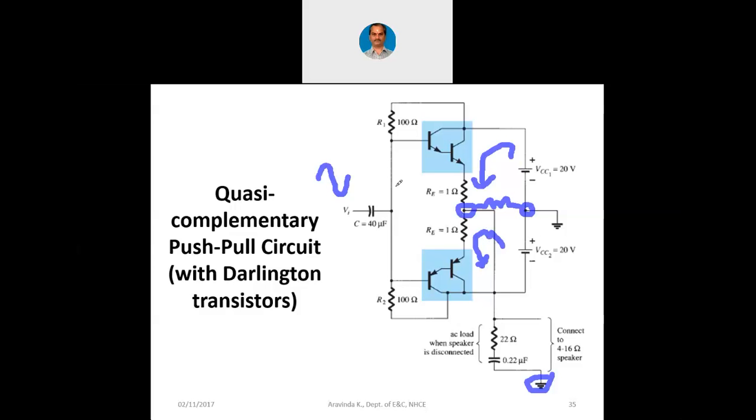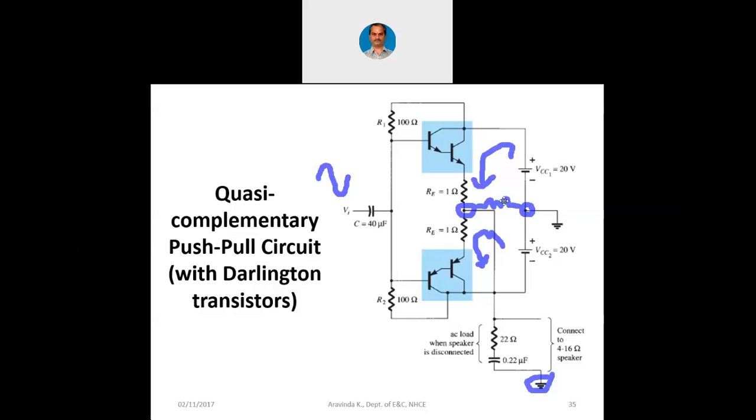So that is how, when the input signal AC is applied, it is switched on and off, so to say, by means of the upper Darlington as well as the lower Darlington. And if we choose a larger value of VCC, then naturally we will have a gain. This is a quasi-complementary push-pull circuit.